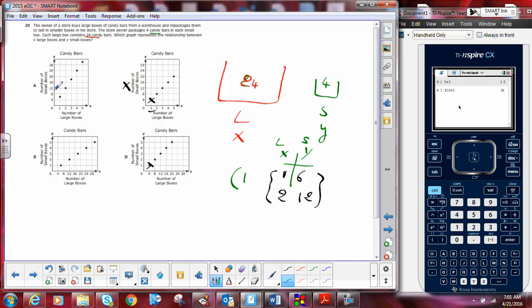Okay, how about 2 and 12? This is good. How about 3? How about 4 and 24? This is good. So how about this one? At 12 you have 2. No, no way. You cancel this one. So you can cross B, you can cross D. The answer is A here. We know, using what? Using this table. You can use this table, but also use a visual representation so you can see.